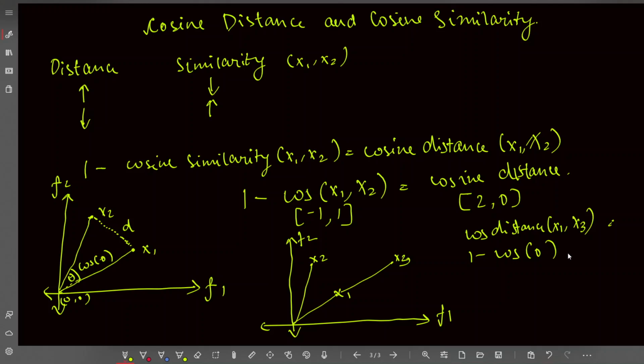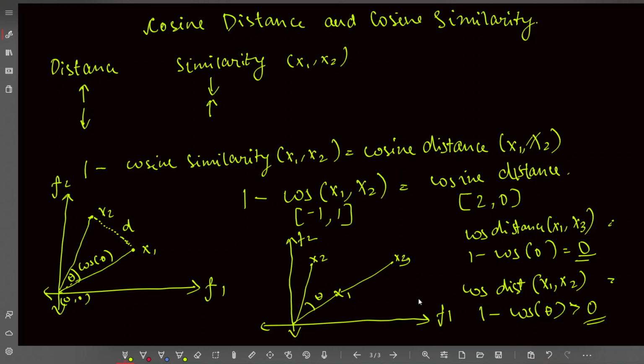The cos of 0 is 1, right? So this is 0. And the cosine distance between x1 and x2 would be equal to 1 minus cos theta. Theta is some value greater than 0, so this will be greater than 0.